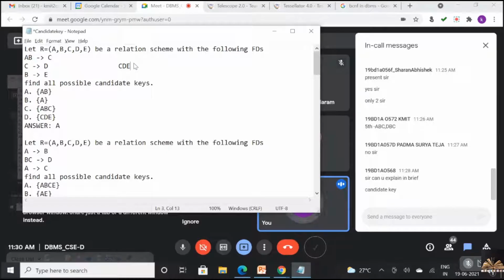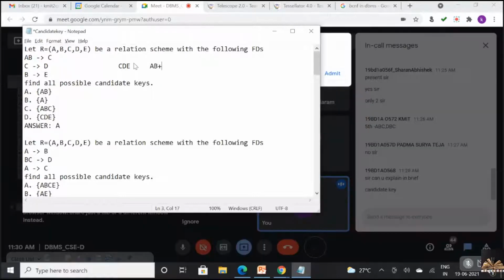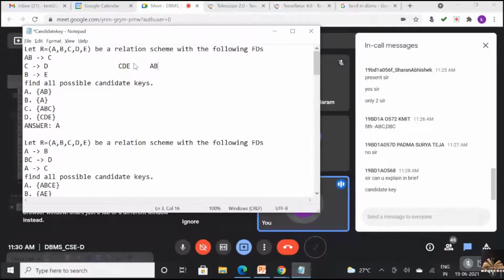The attributes not present on the RHS are A and B. Now I have to find the AB closure.